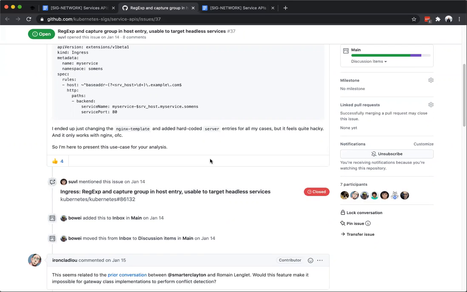Right now our pattern elsewhere where we've used regex is that it is not portable, and it depends on the implementation's regex implementation. Ingress v1beta1 defined the regex to be POSIX.